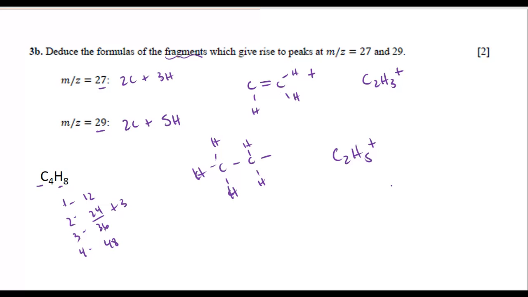What's nice, even though the question isn't asking us to figure out what the whole molecule is, by putting together these 2 fragments, we could. So I know that I've got a double bond between 2 carbons. This carbon, its valence is full. He's got 1, 2, 3, 4 bonds. I know it's got to be at the end.